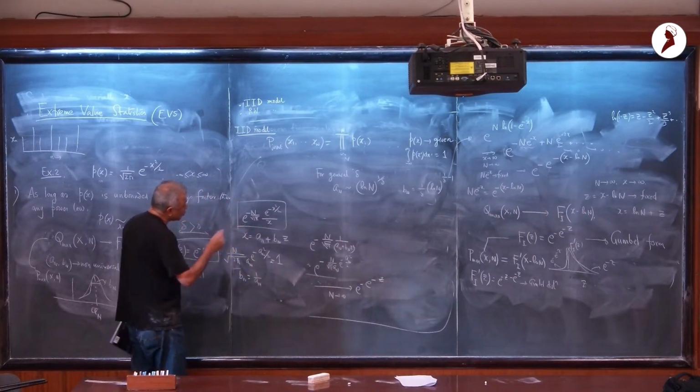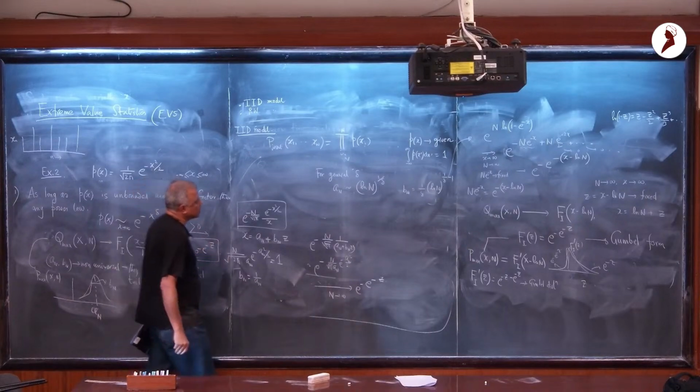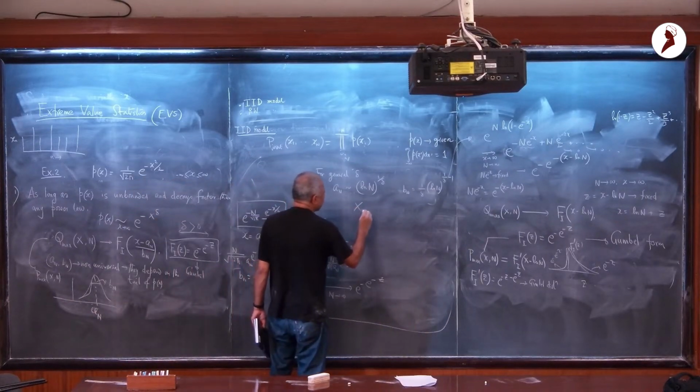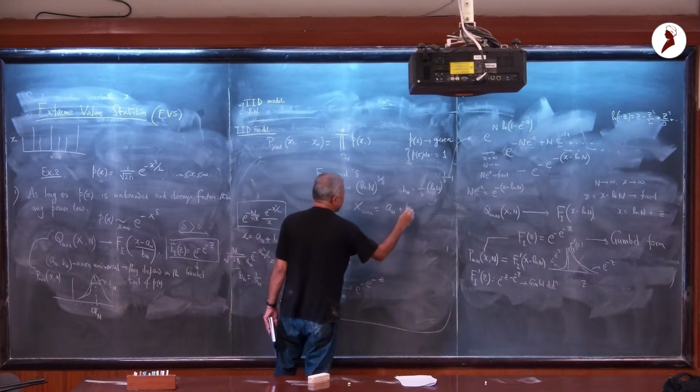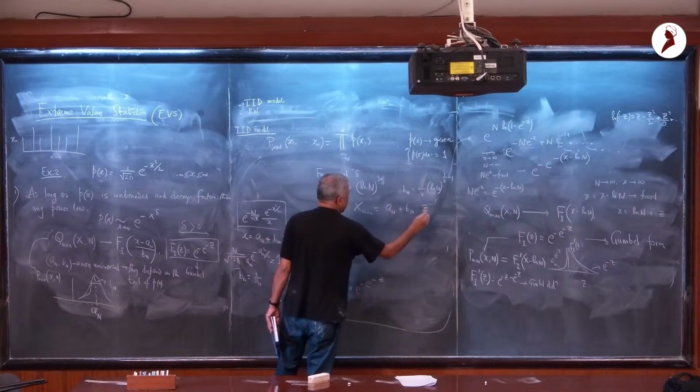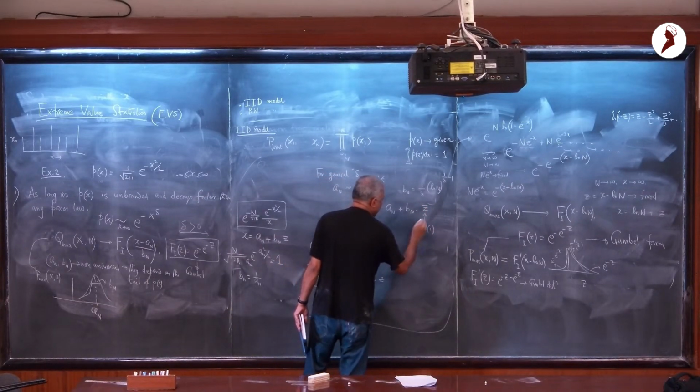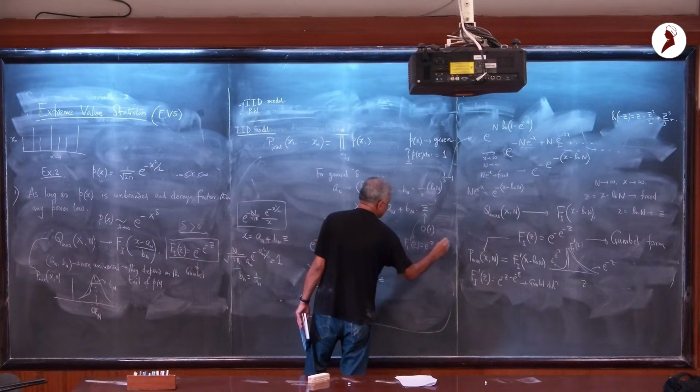And the fluctuations around that scale, so essentially you have to remember that this random variable x max behaves like some an plus bn times z, and this z is a random variable of order 1, and its distribution is given by the Gumbel form. Okay.